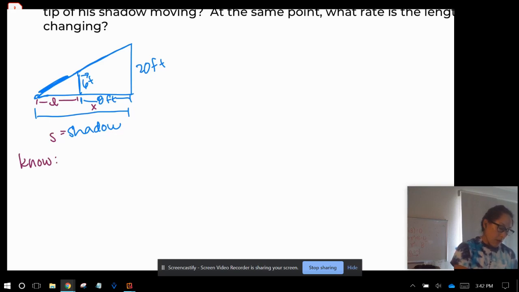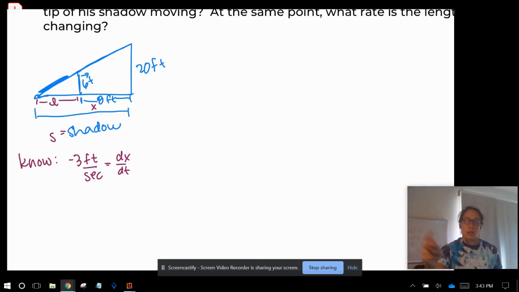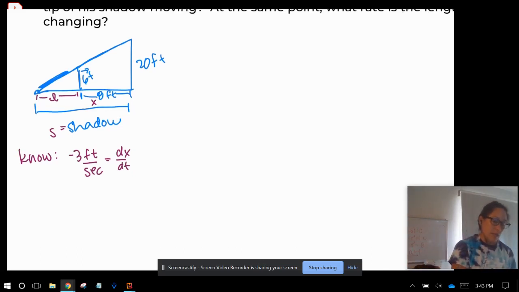Okay, so right now I know that our guy is moving at a rate of -3 feet per second, and he is moving towards the street light. So since he's walking towards the street light, the distance of 8 feet is going to shrink. So we're going to use a negative rate.